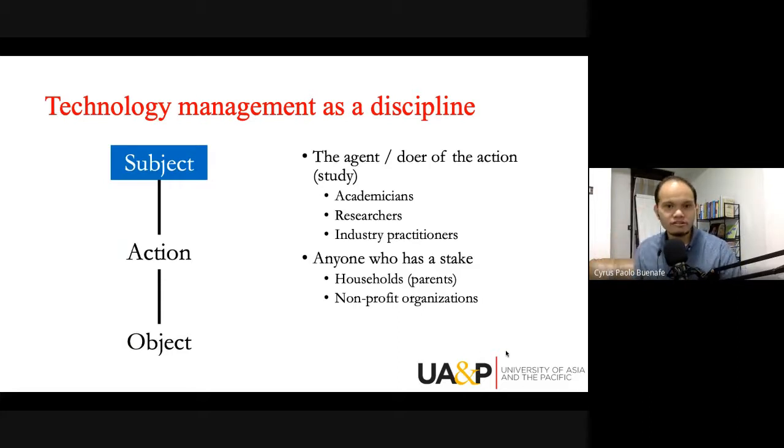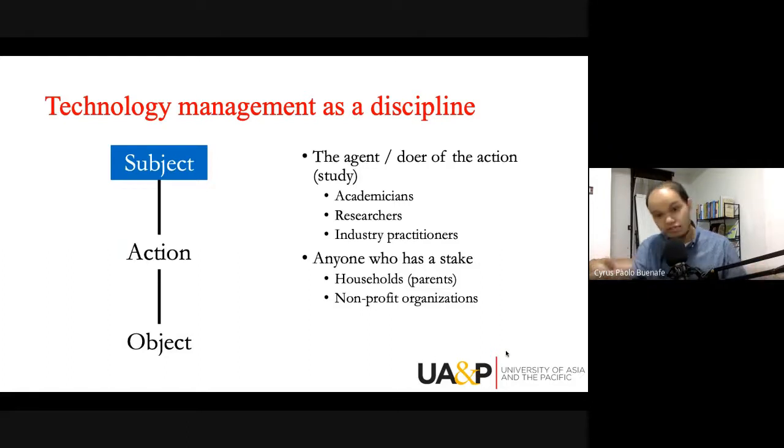Households, parents, people you see walking down the street, those in what we call blue collar jobs, even non-profit organizations, even those who don't use technology to make a buck from a profit standpoint. Even those charitable institutions, they also need to know technology management. So it is not just the purview or the ambit of the technologists or those in the industry.